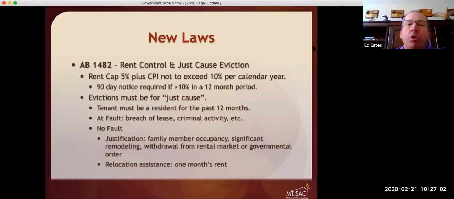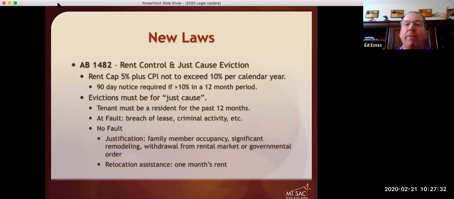Now, if you choose to raise the rent this year, let's say 7%, and next January 2021, you decide to raise the rent again, they will count this year's rent and next January's rent, and it cannot exceed 12% because it was within 12 months of each other.